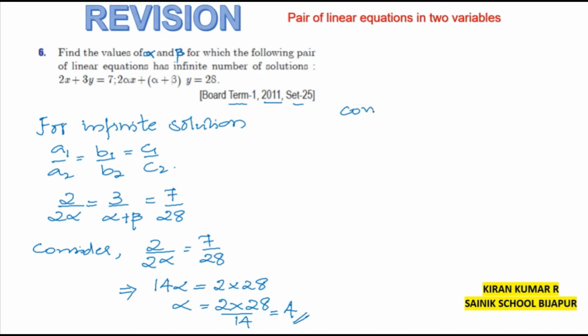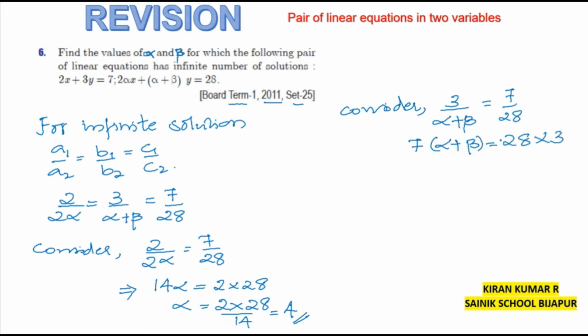Now if you consider 3 divided by alpha plus beta equal to 7 upon 28. If you cross multiply, we get 7 times of alpha plus beta equal to 28 times of 3.